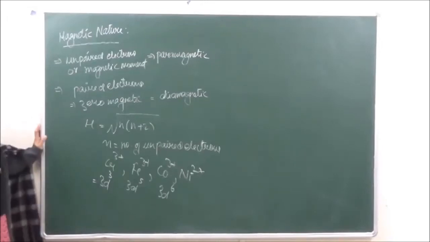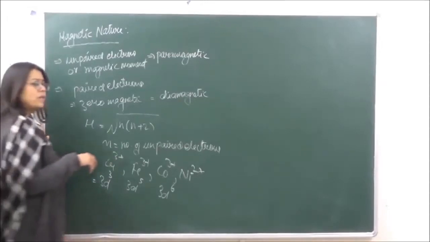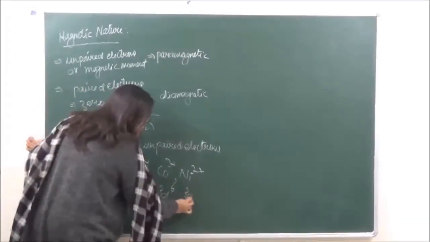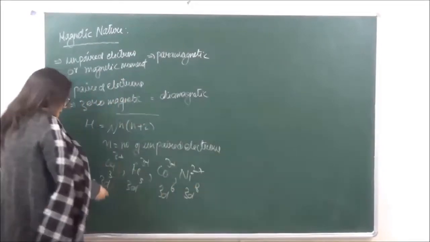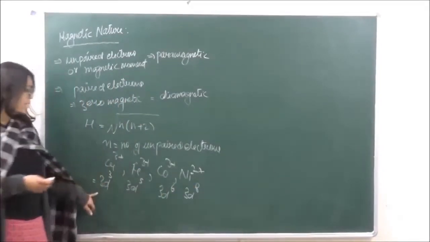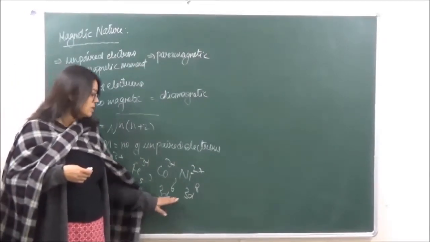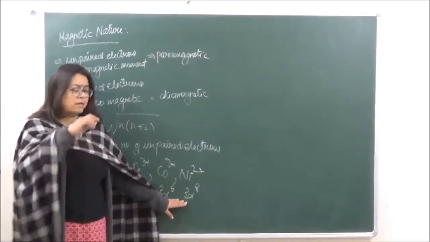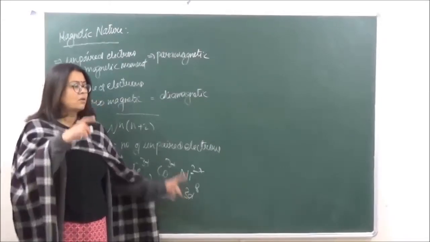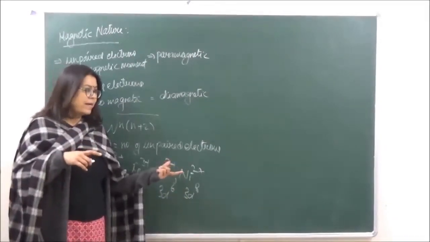And Ni2+ is going to be 3d8. Now looking at these, this has 3 unpaired electrons, this has 5, this has 4, and this one has only 1 unpaired electron, right?